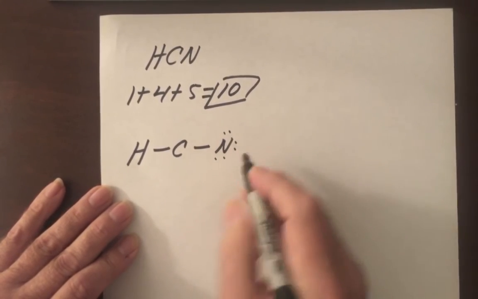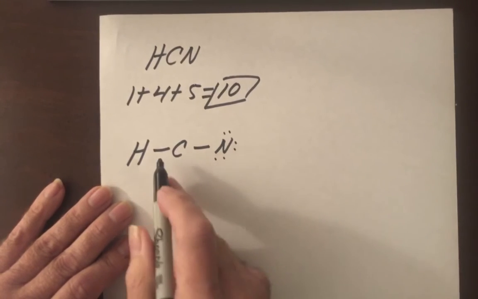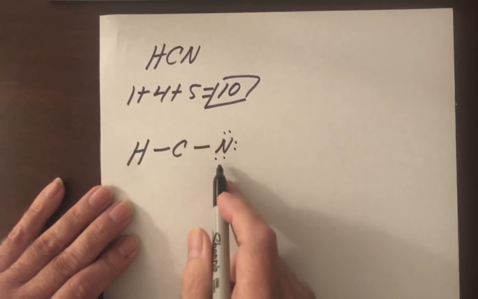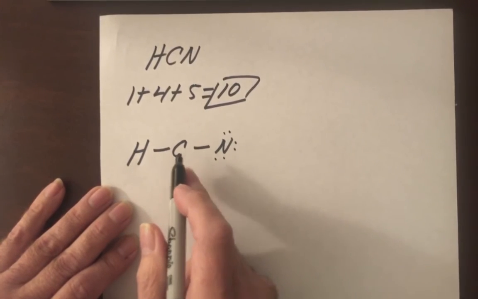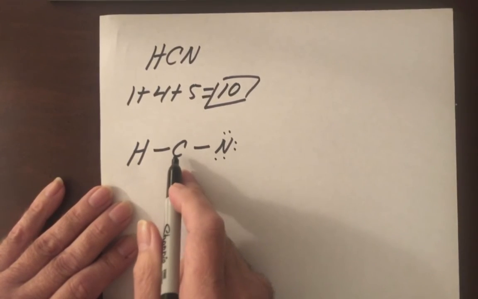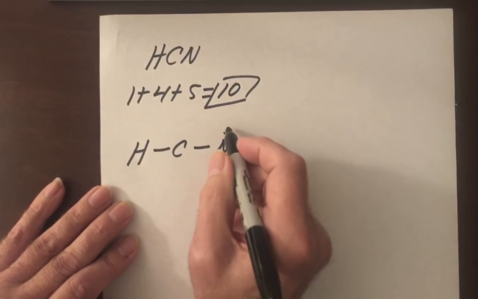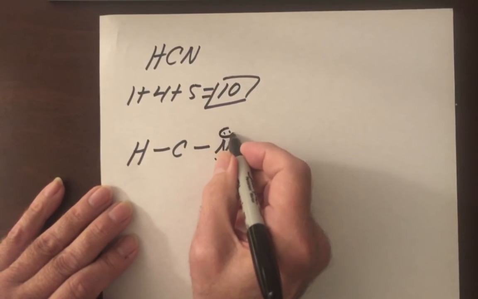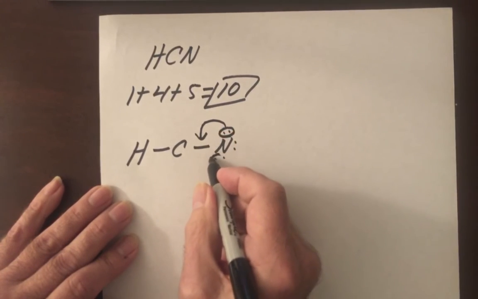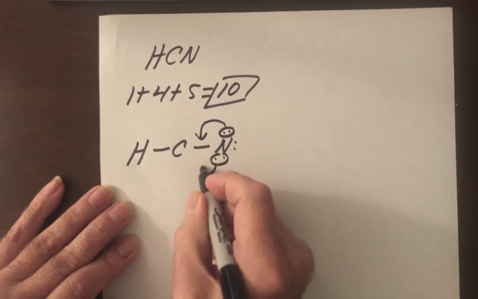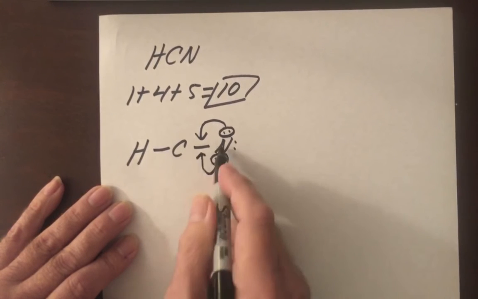If I complete the octet around nitrogen, that would give me 2, 4, 6, 8, 10. And so the nitrogen is good, the hydrogen is good, the carbon not so much. Carbon needs to have 8 electrons around it as well. So in this case, I'm going to take 2 of the lone pairs on the nitrogen and make them additional pairs between it and the carbon.